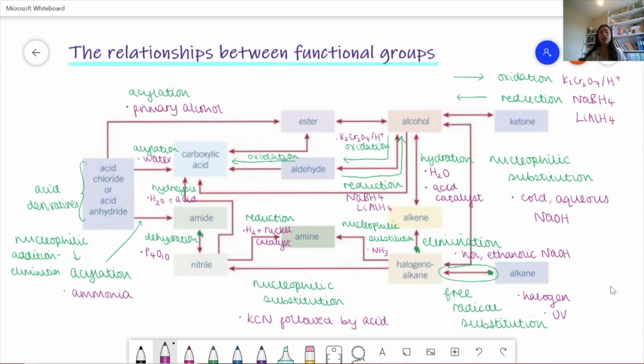We can also go straight from a primary alcohol to a carboxylic acid. So this would be an oxidation reaction. And we would use the potassium dichromate with a H+ catalyst. And then to get from a carboxylic acid to an ester, this is an esterification reaction.